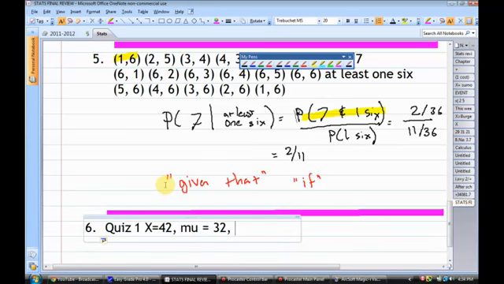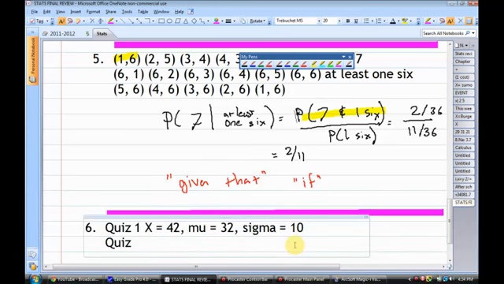Let me get that one second. The mu is 32 and the sigma is 10. So the x here, that's her score. So pretty good.